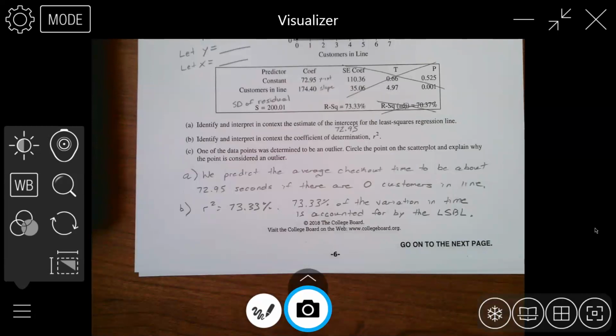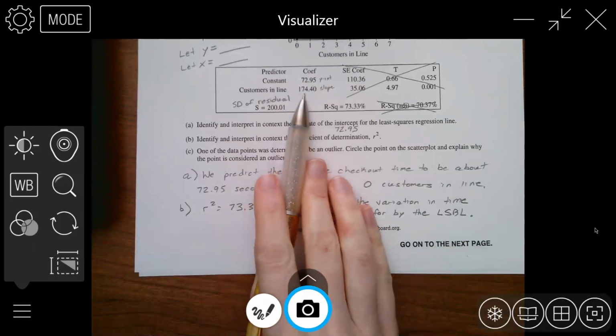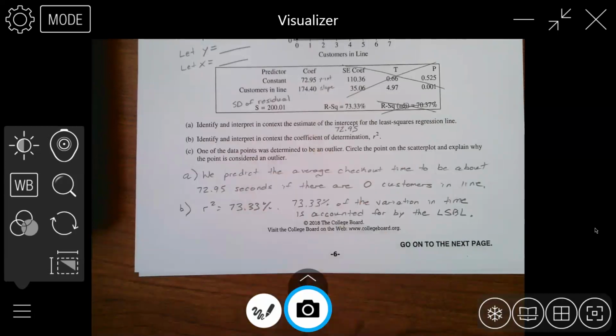Yes, very good. When you take the square root of something, it can either be positive or negative. So you have to look at the slope, which in this case would be positive, and then you just get the positive value. That is correct. Good. Yep. So just keep that in mind.